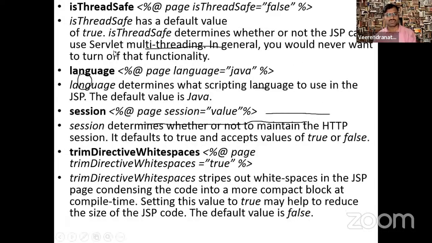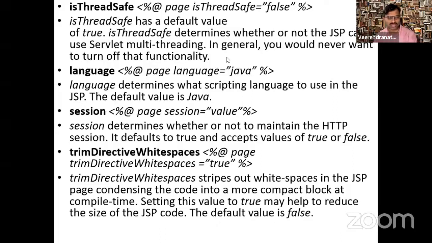And then you also look at isThreadSafe. Whenever you are talking about the core application, threading is an important concept. Our page also can be made thread safe. When I make my page thread safe, I am telling it that it is not going to allow concurrent programming.